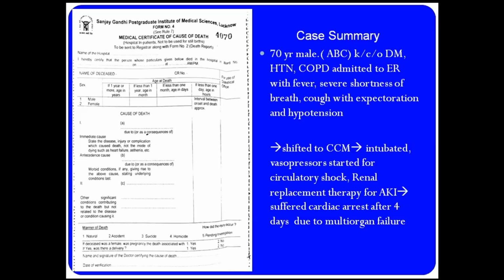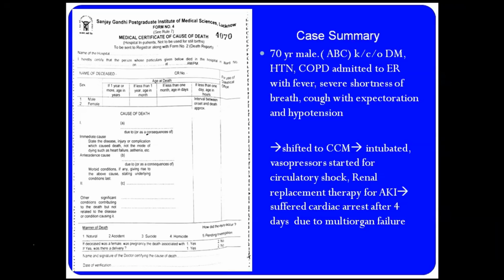What I want to emphasize here is that you have to be precise. If you write diabetes, hypertension, and COPD on line C as the underlying cause, then when this death certificate is analyzed, the statistician who is putting that disease into the coding and giving the final cause of death, because he's not a doctor, may be confused whether it was diabetes, hypertension, or COPD.